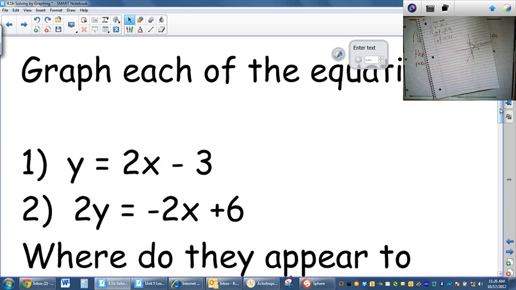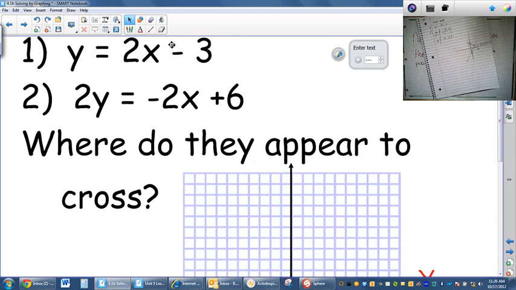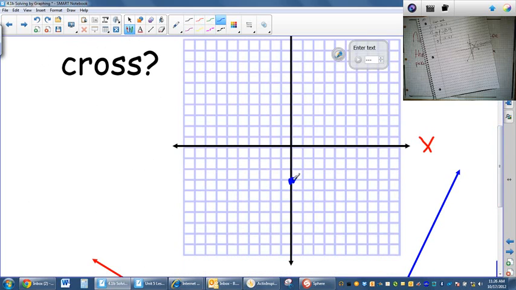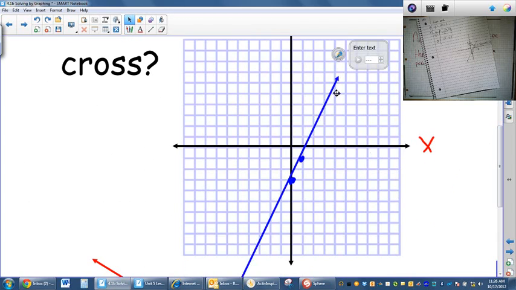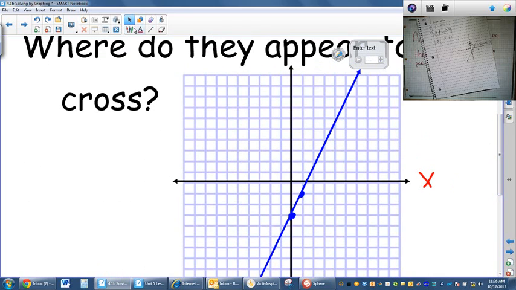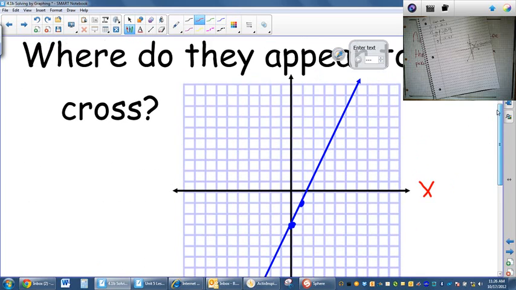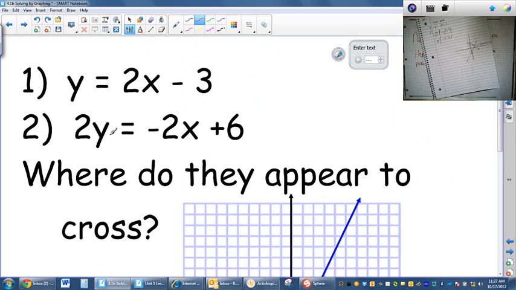So we're going to graph our first one. We're going to graph y equals 2x minus 3. So we're going to go down to negative 3, which is right here. And we're going to go up 2 over 1. We're going to bring our line. Now we're going to graph the other one. Before we do that, David, what do we have to do first in this equation?